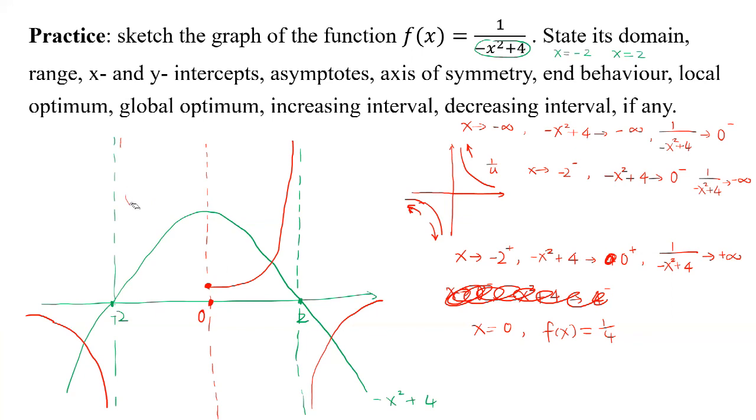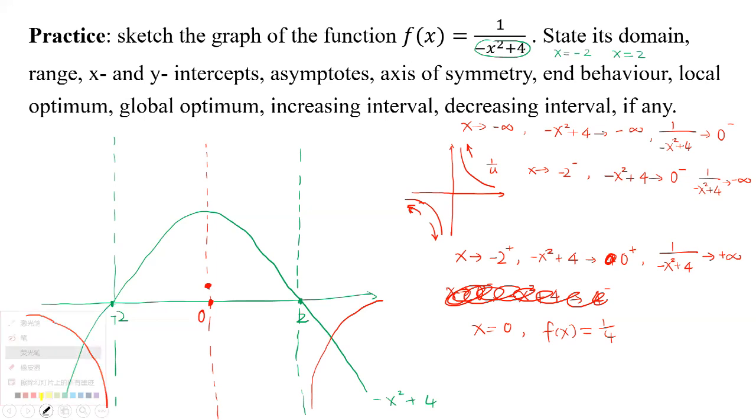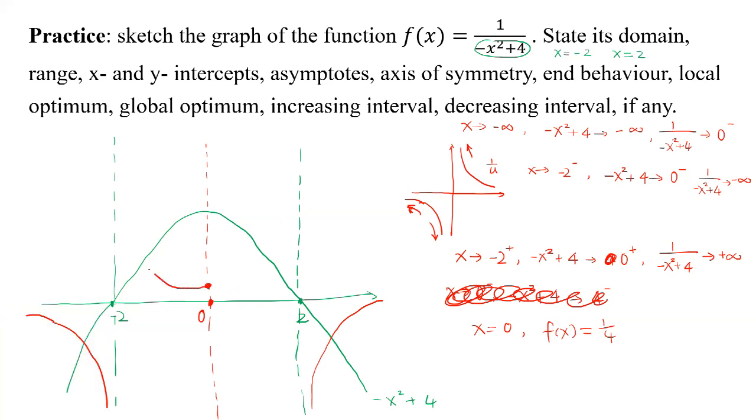In order to make it nicer, let's redraw this. It will have a pattern like this, and this point here is a local minimum.